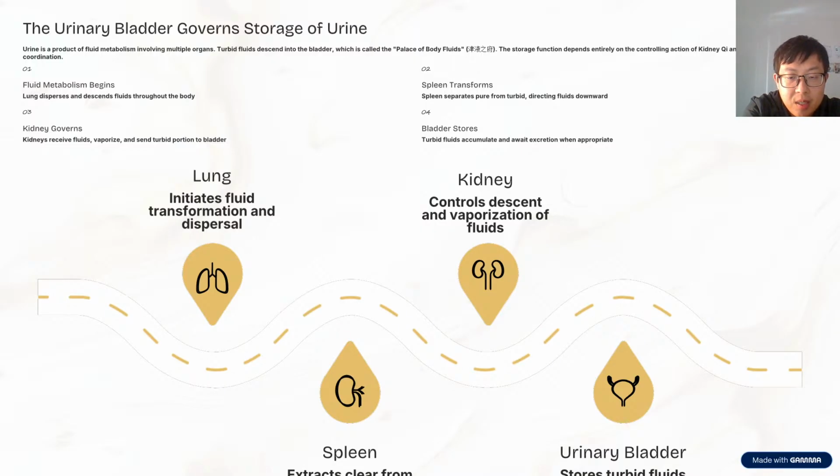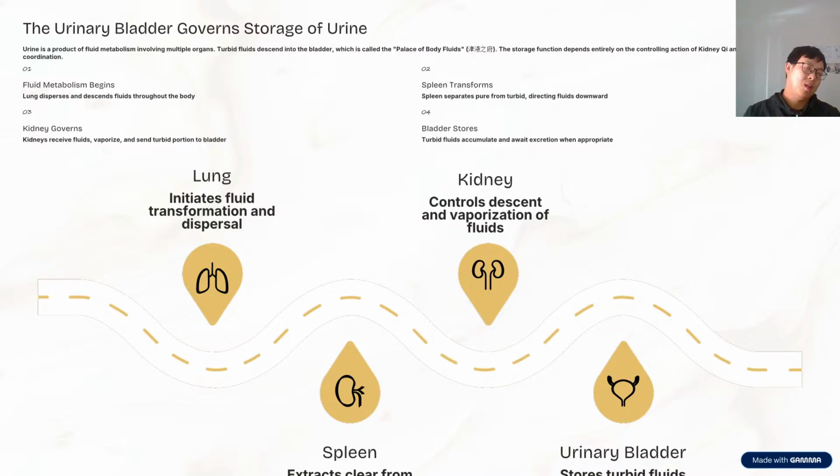So the triple burner is more like the thoracic cavity and the abdominal cavity.